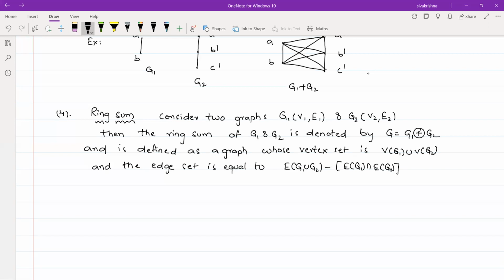This is the formula to find the edge set in the ring sum of G1 and G2.